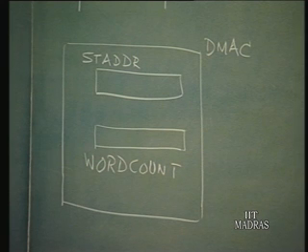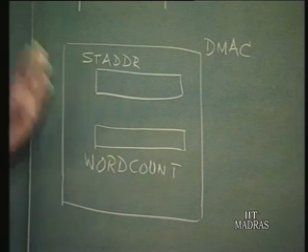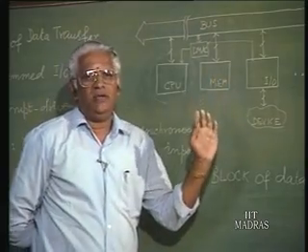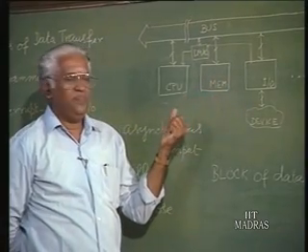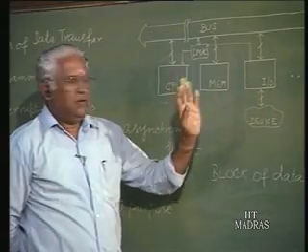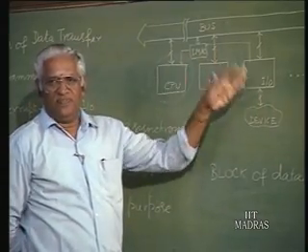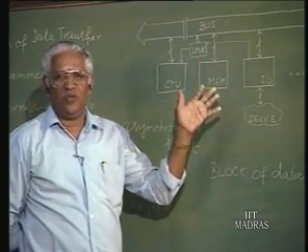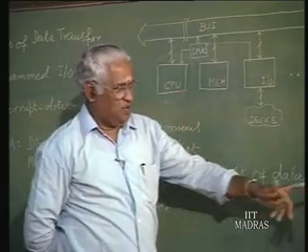Good. And when will these be essentially stored? Start address and word count, well before any DMA transfer can take place, is it not? Because it is not that the moment the device indicates that it wants transfer, these things can be prepared.